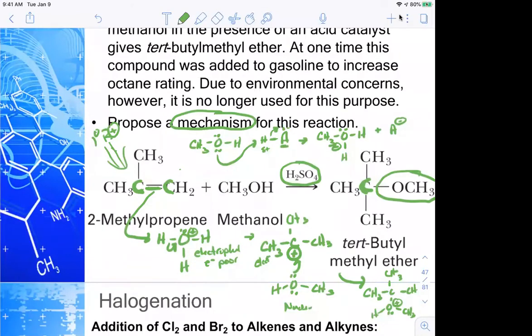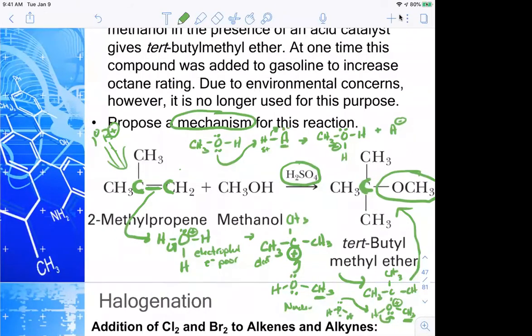But notice I have this methyl group because that's part of the nucleophile. And then my water is going to come in and get rid of that hydrogen and then give me the product. So I do have that extra step.